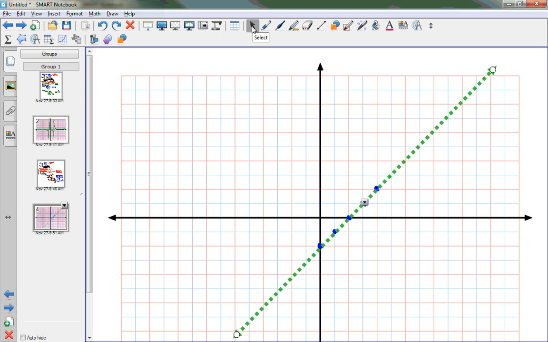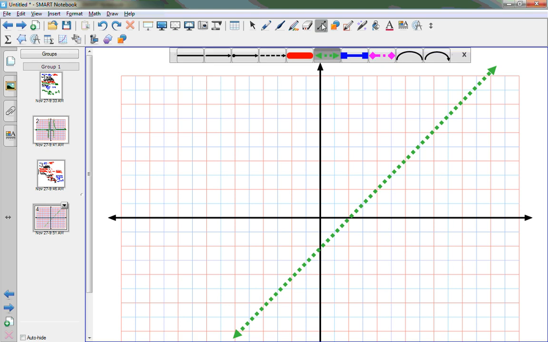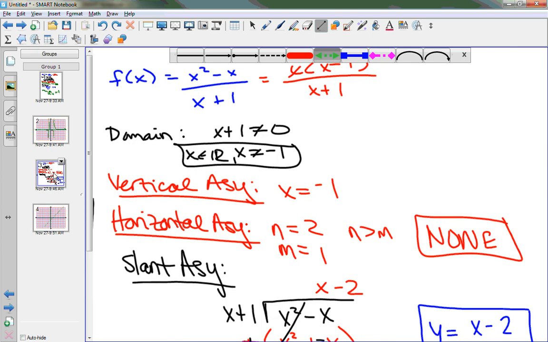Do I need those points there anymore? No, I don't. So there's my slant asymptote. What's my vertical asymptote? X equals negative 1, so I'm going to graph that at x equals negative 1. Okay? So now I go back. I graph my vertical and my slant.